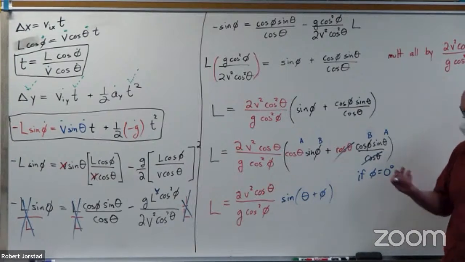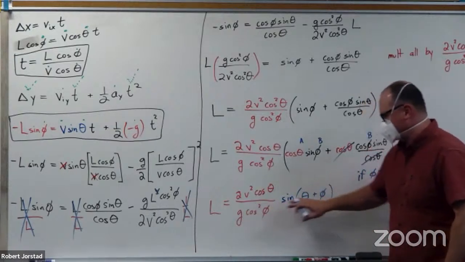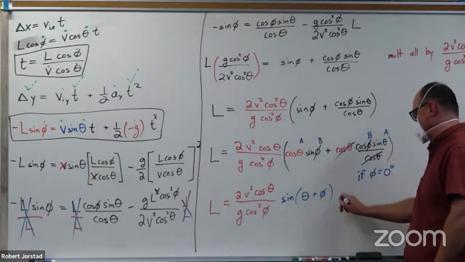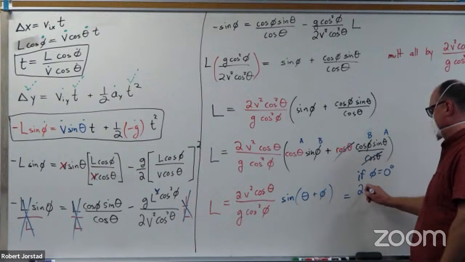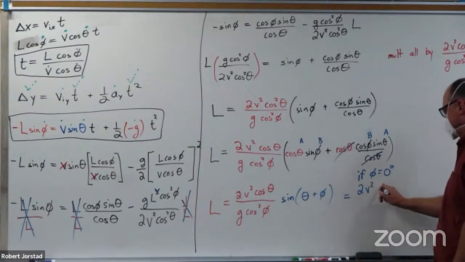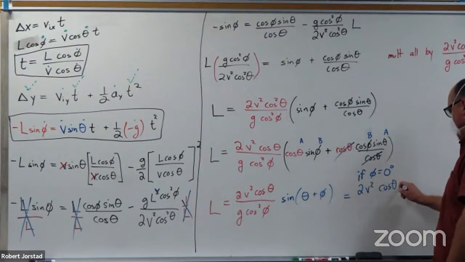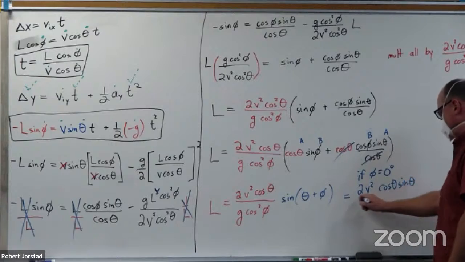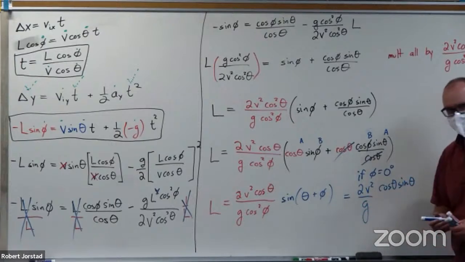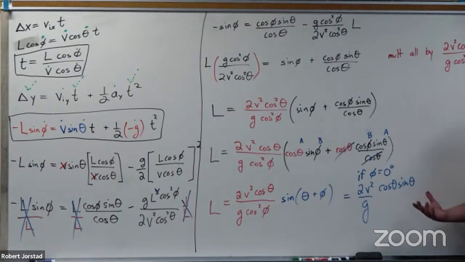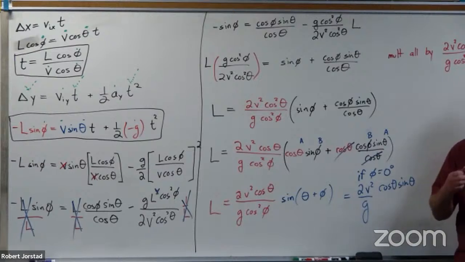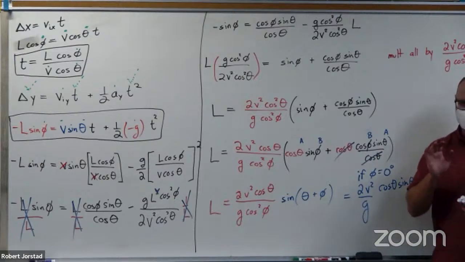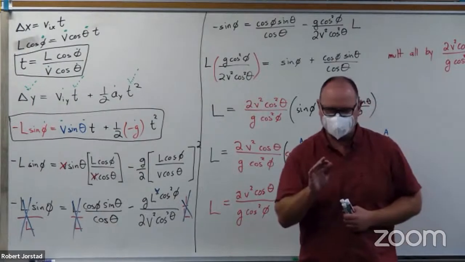You can plug it in, but why? So do you agree the phis all disappear and we get 2 v squared cos theta sine theta over g, which from a trig identity at the bottom of that page, 2 sine theta cosine theta equals sine 2 theta. It works.